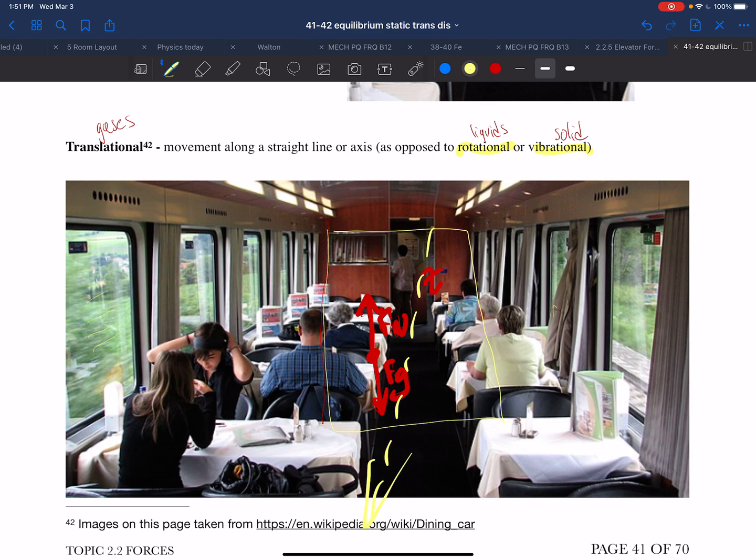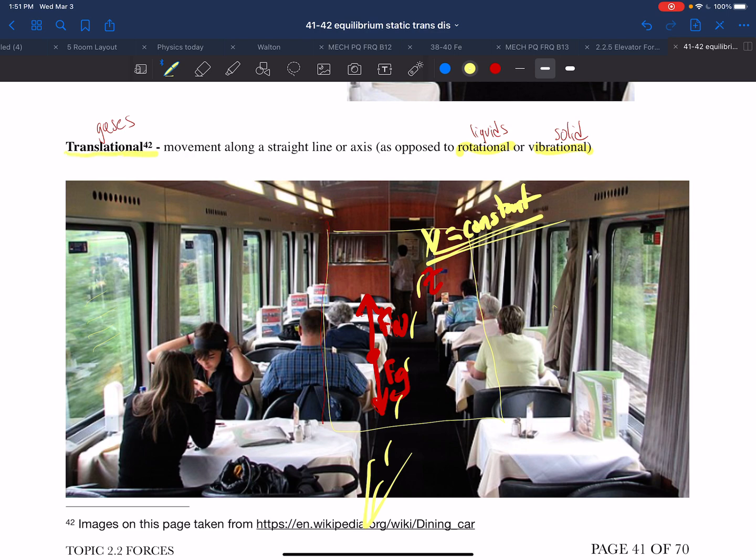It is also in equilibrium in the x or y direction. The velocity is constant. So this system, the lady and the chair, is being translated down an axis out of the page at constant speed and constant velocity.